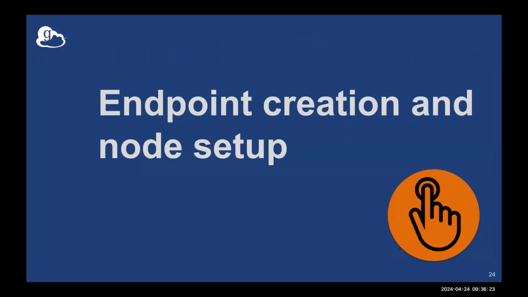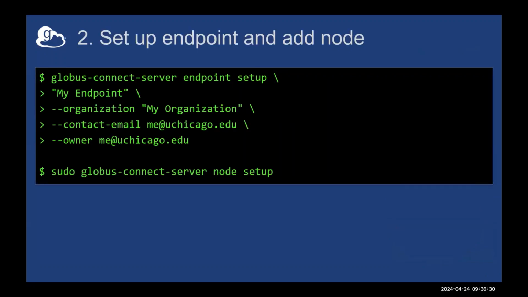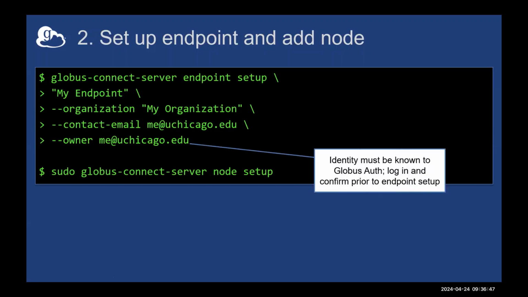So we go to step-by-step endpoint creation and node setup. And it really boils down to a couple of simple commands: globus-connect-server endpoint setup, with some parameters, and once the endpoint is set up, we'll do a node setup. The important part here is the owner.